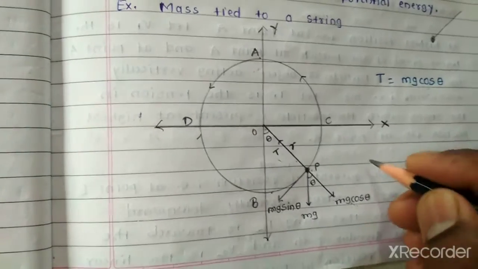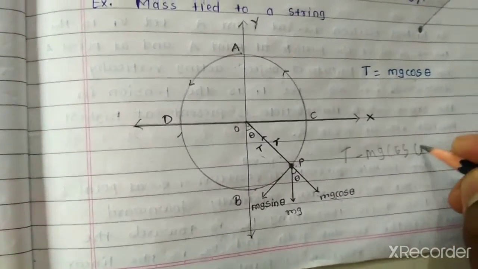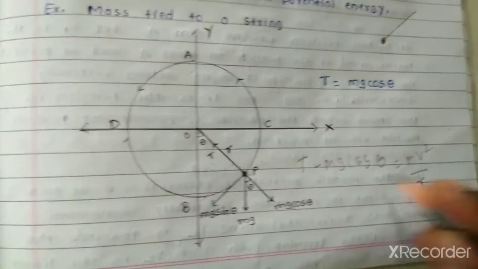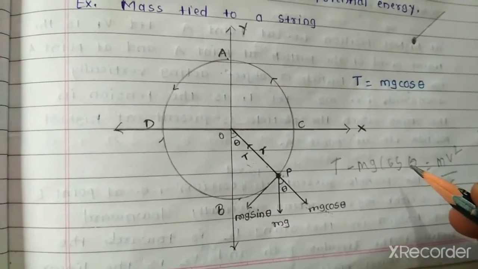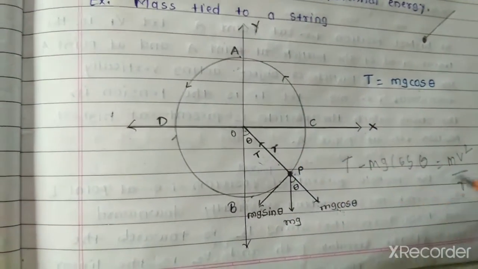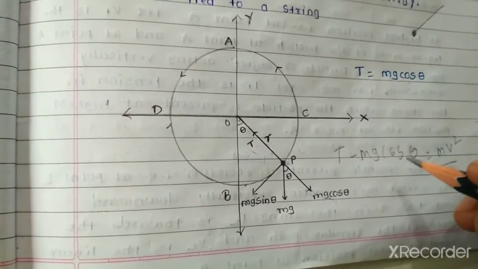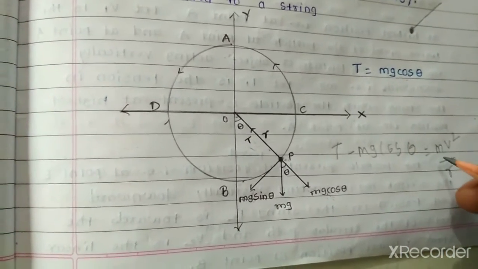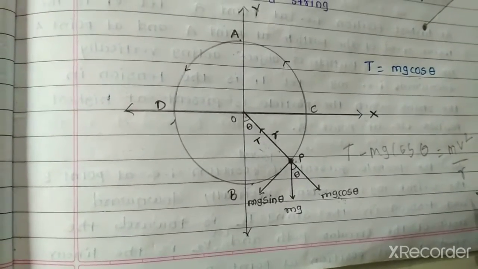We can write T minus mg cos theta is equal to the centripetal force, that is mv square upon r.